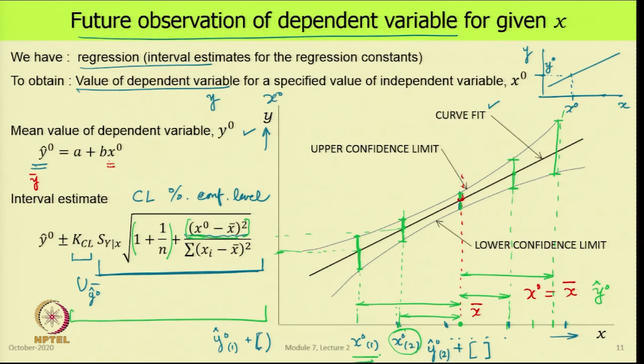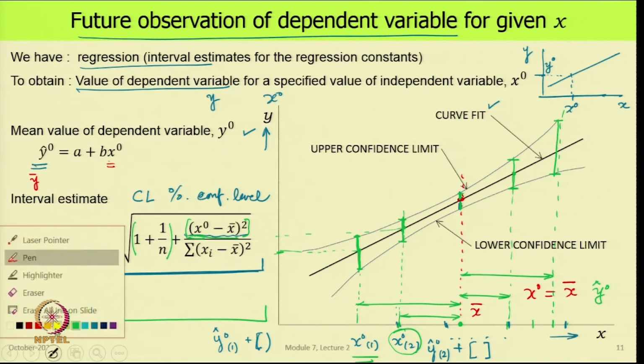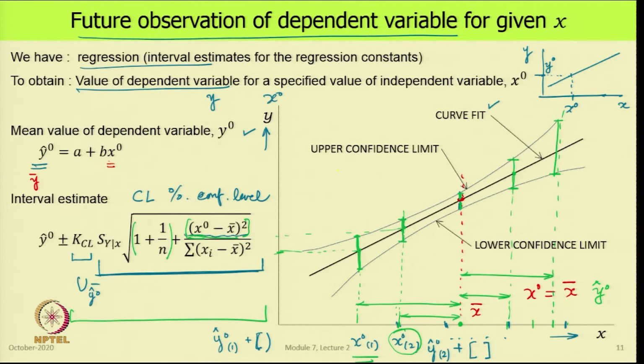So, here is what it tells us, that when you use a linear regression for future value prediction, your uncertainty at the value that you pick up is not the same everywhere. Closer to the midpoint of the regression, x bar tells us that this is approximately somewhere in the middle range over which the correlation was made.